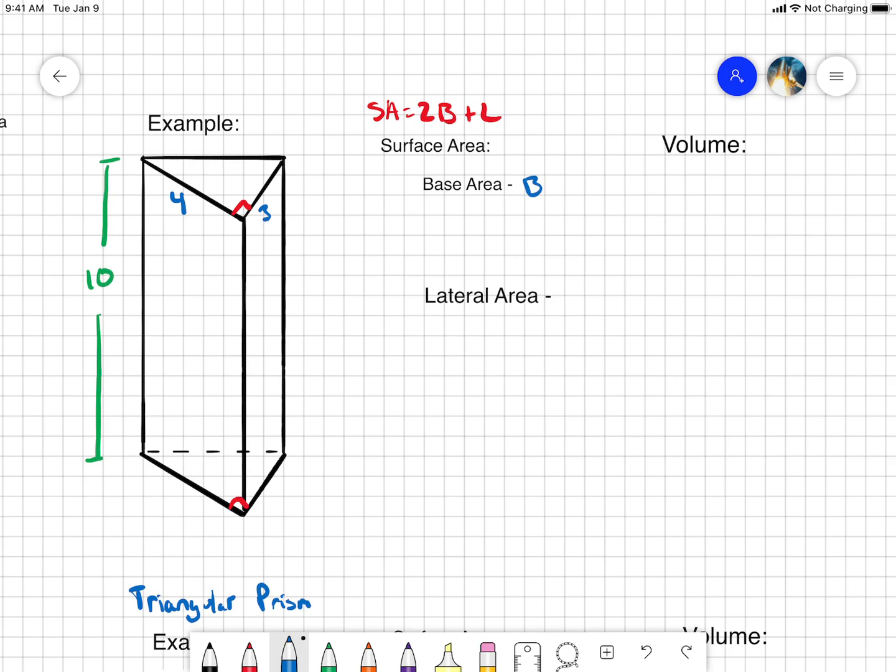So since this is a triangle, my base area is equal to 1/2 my base, which in this case is 3, times the height of my triangle, which in this case is 4.